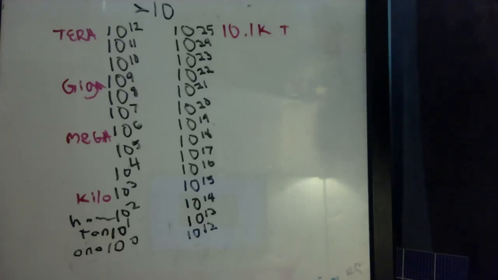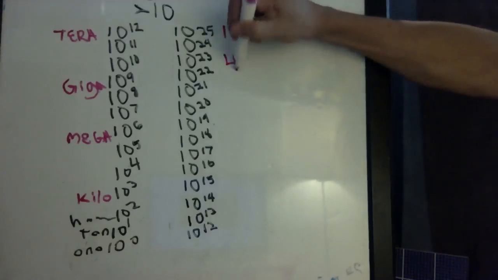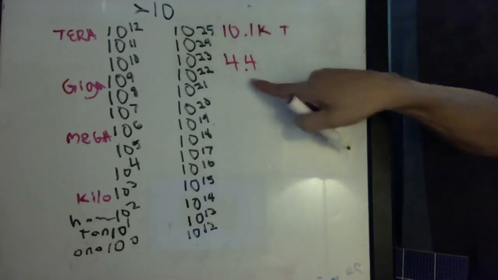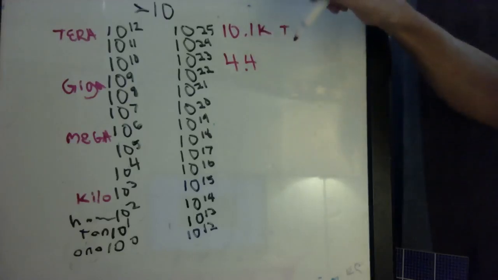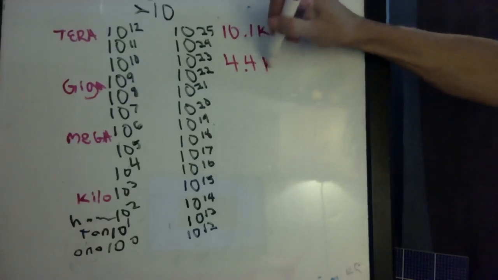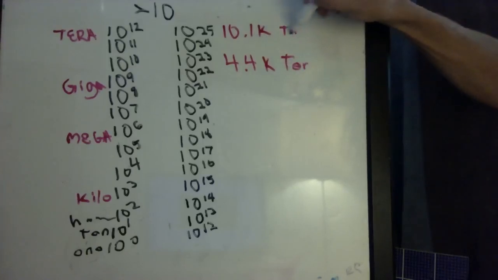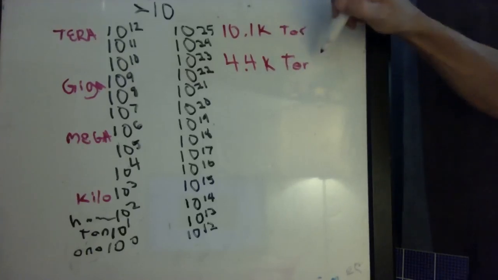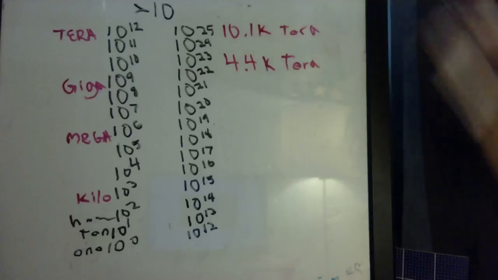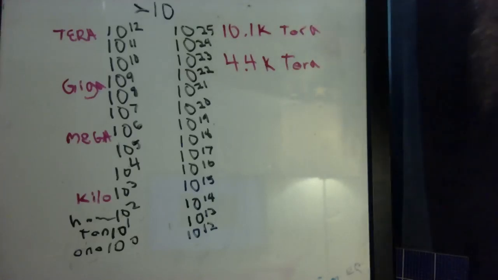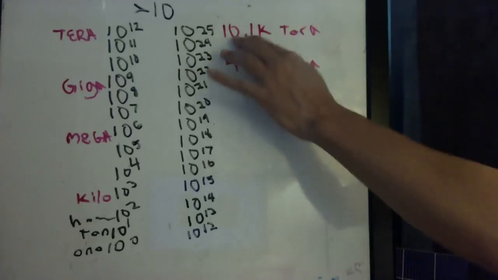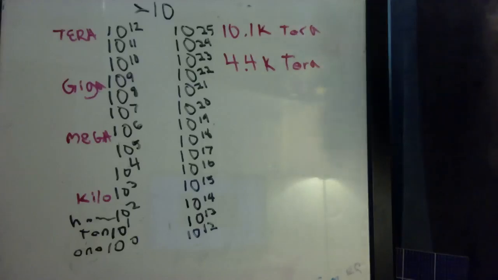How much United States? 4.4 K terawatts. Double this, and they still do more. So we're measuring terawatts in thousands. This is a huge divide.